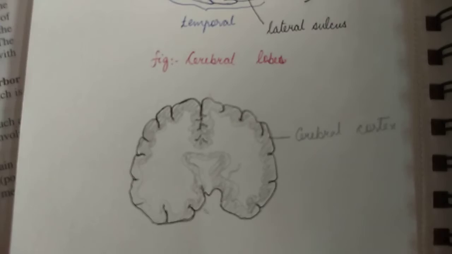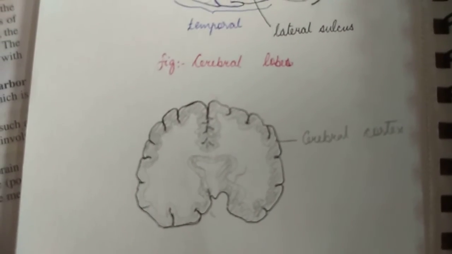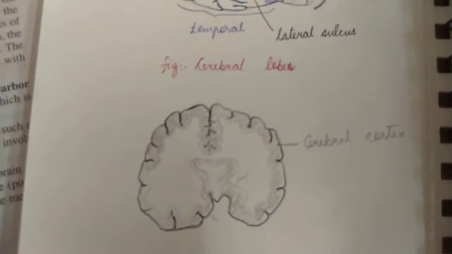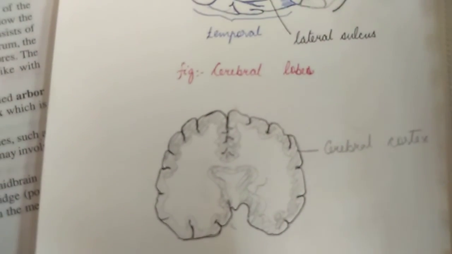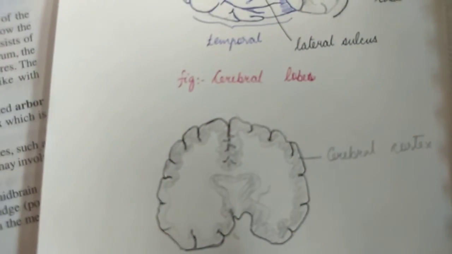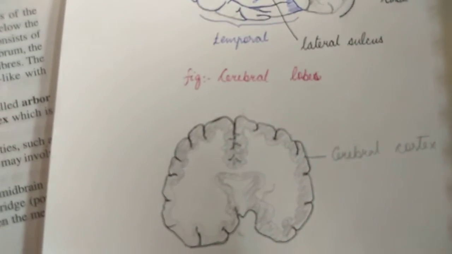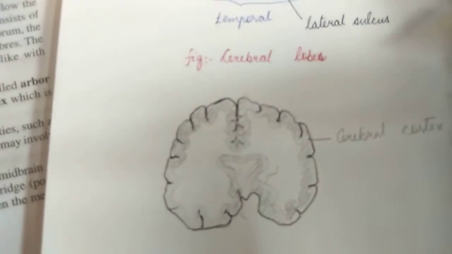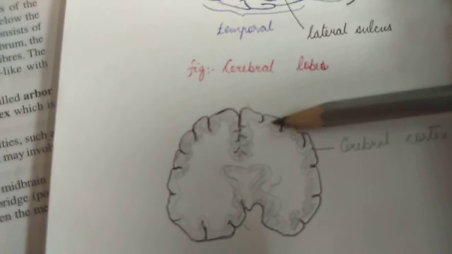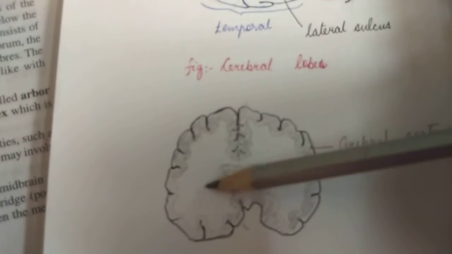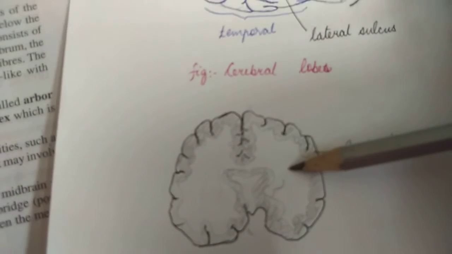The brain mainly has two regions. One part is known as white matter and another part is known as gray matter. You can see here I have shaded the part, these are the gray matter, and the one which is unshaded, this is the white matter.